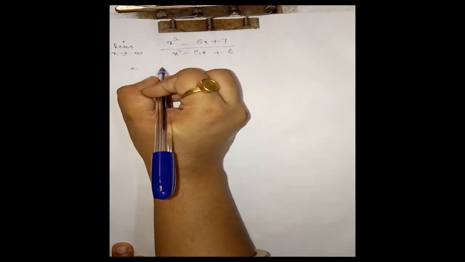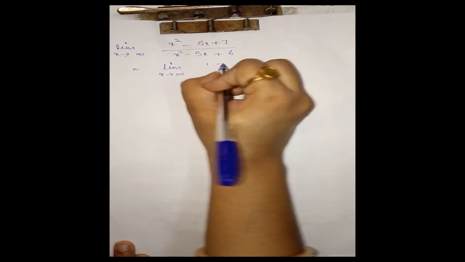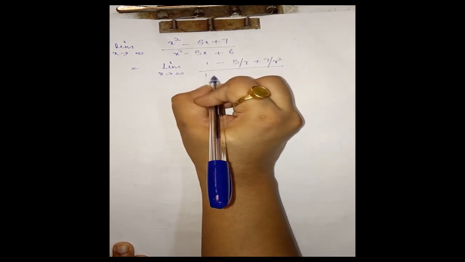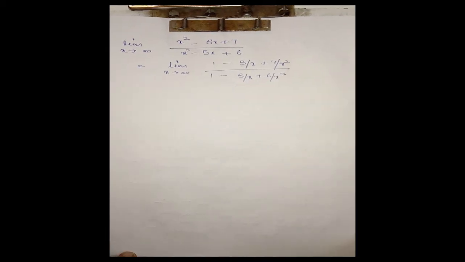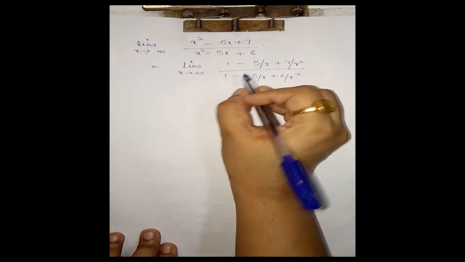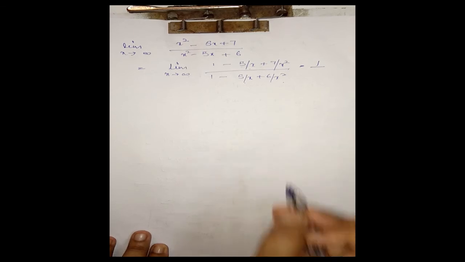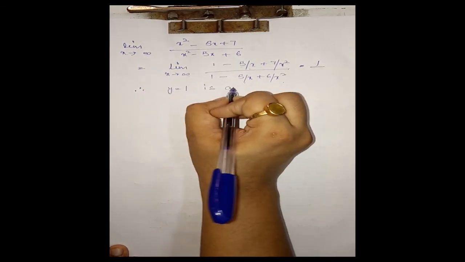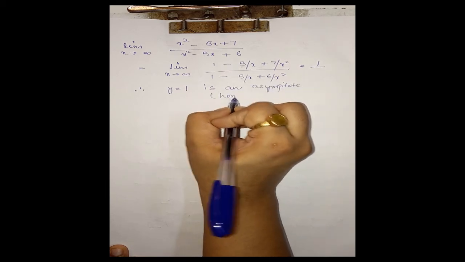Now dividing both numerator and denominator by x square, I get (1 minus 5 by x plus 7 by x square) upon (1 minus 5 by x plus 6 by x square). And as x tends to infinity, 1 by x tends to 0. On taking the limit, this is 0, 0, 0, 0, and this will be 1. Therefore, by definition, y is equal to 1 is an asymptote. This is horizontal. Okay.